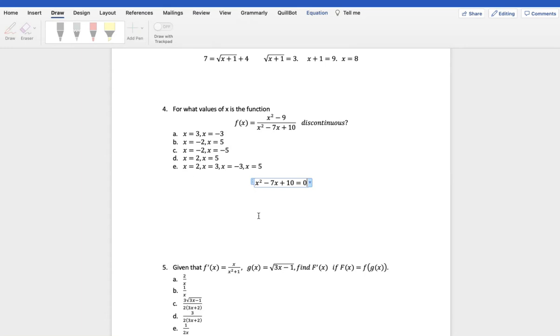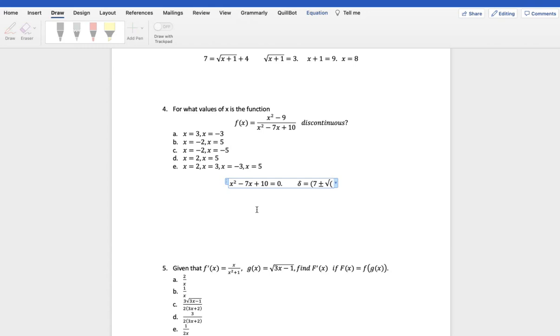So you basically have to solve for x, right? And this is a quadratic equation, right? So if you look at finding delta, it's just going to be equal to negative b, which in our case is 7, plus or minus the square root of b squared minus 4ac, right?